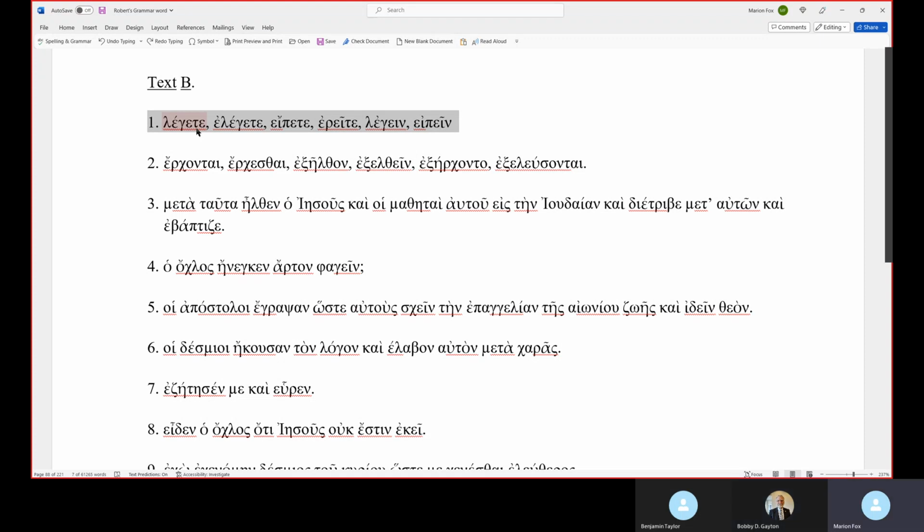So this second one is what tense? Imperfect. And what's the difference in imperfect and what's this next one? That one's aorist. And what's the difference? They're both past tense. What's the difference in their meaning?